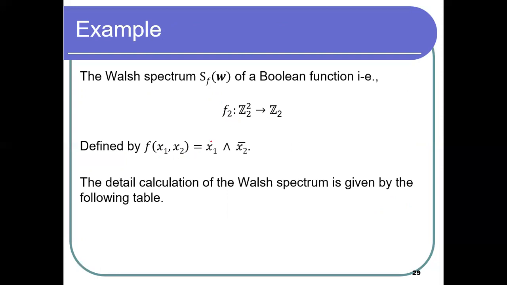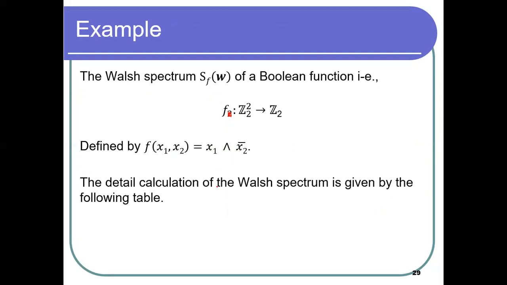I take f as this one, with inputs x1 and x2. Don't mix it up with f2 from the previous example. So I take f, which takes two inputs and maps to one output, that is x1 and not of x2.